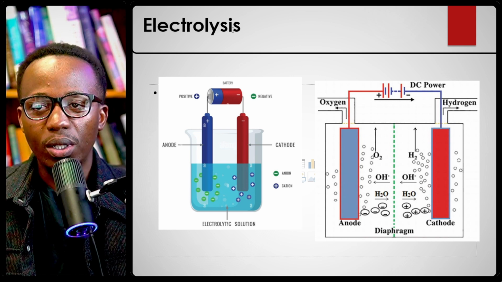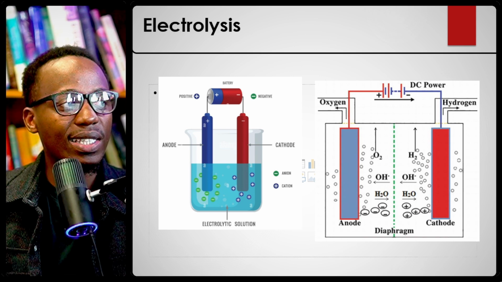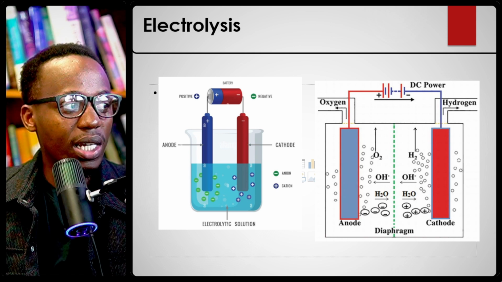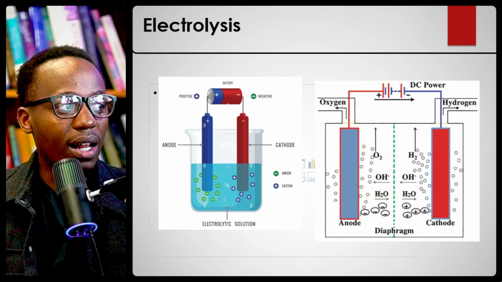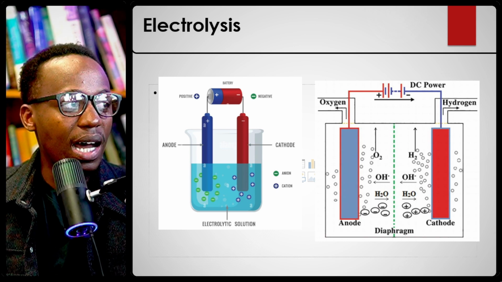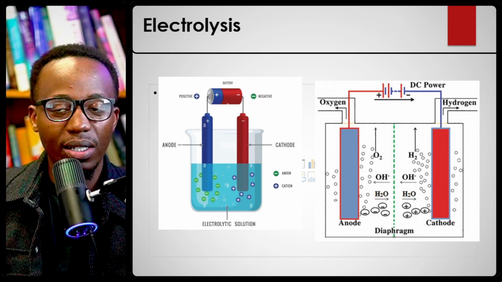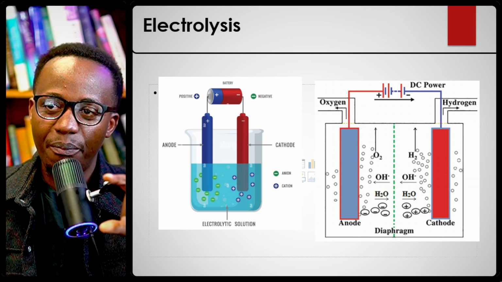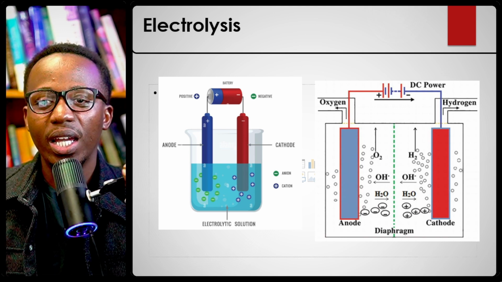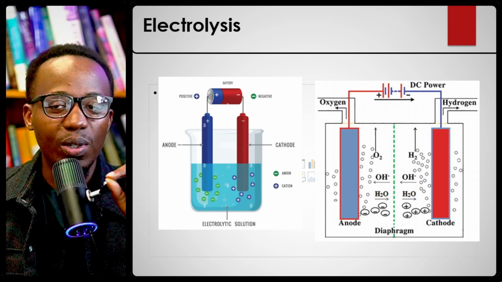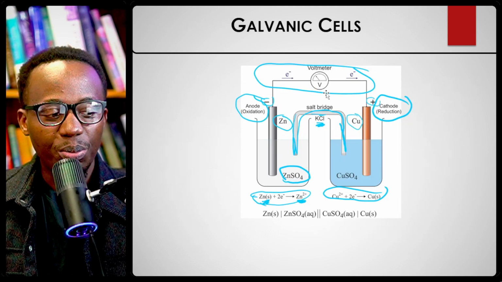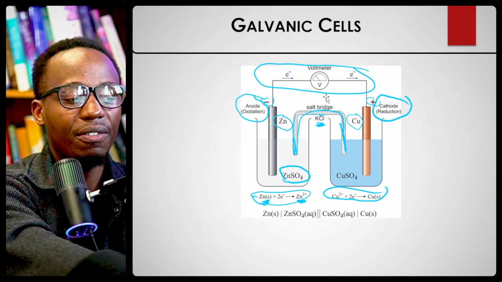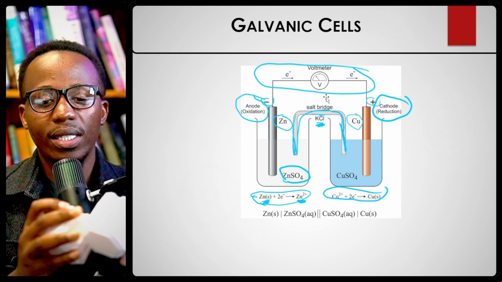So we call it electrolysis, or an electrolytic cell is the opposite of an electrochemical or galvanic cell. But that is enough. I'm not going to talk about it, but if somebody mentions it, make sure that it's also part of electrochemistry.